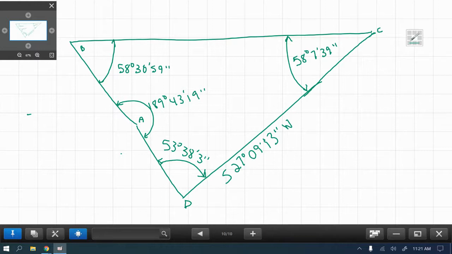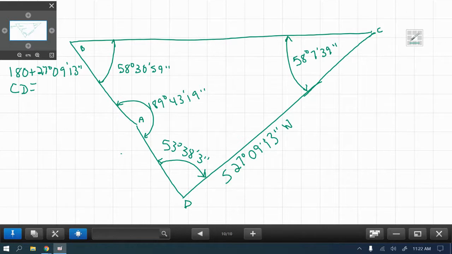What did you do, Ezekiel? Looks like you probably did 27 plus 180. Okay, so you converted a bearing to an azimuth first. So C to D. You said 180 plus 27 degrees, 09 minutes, 13 seconds.